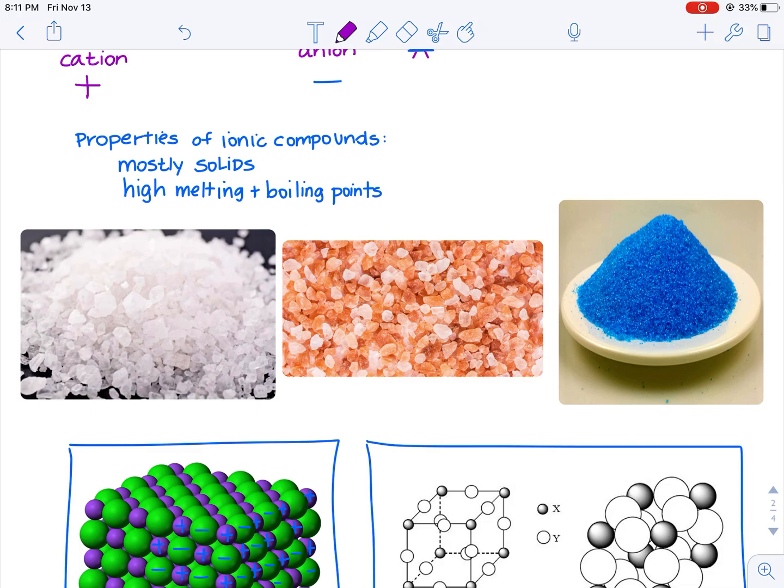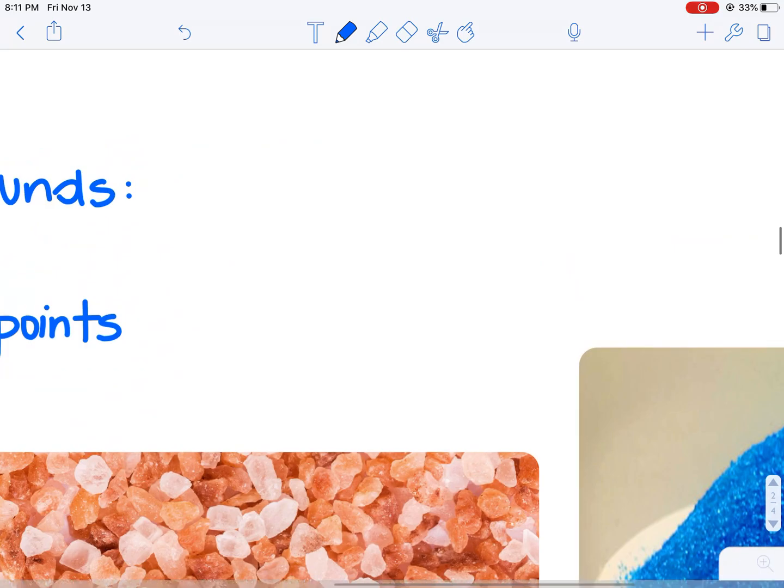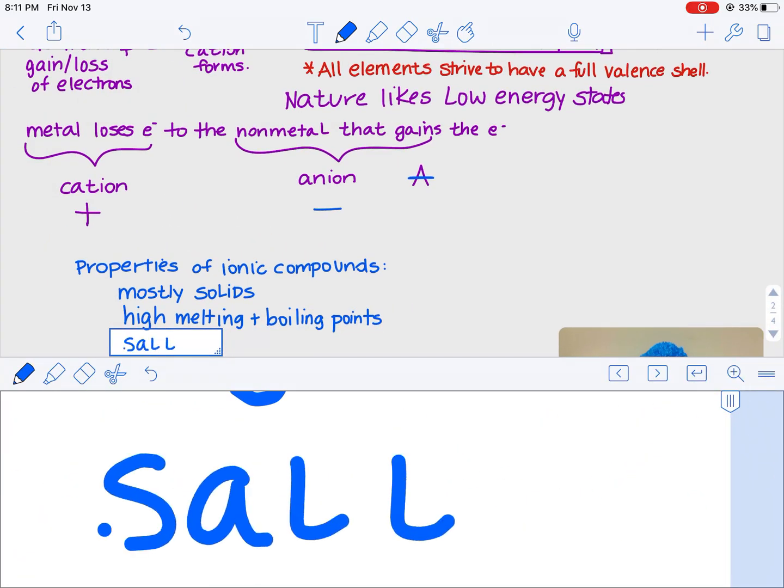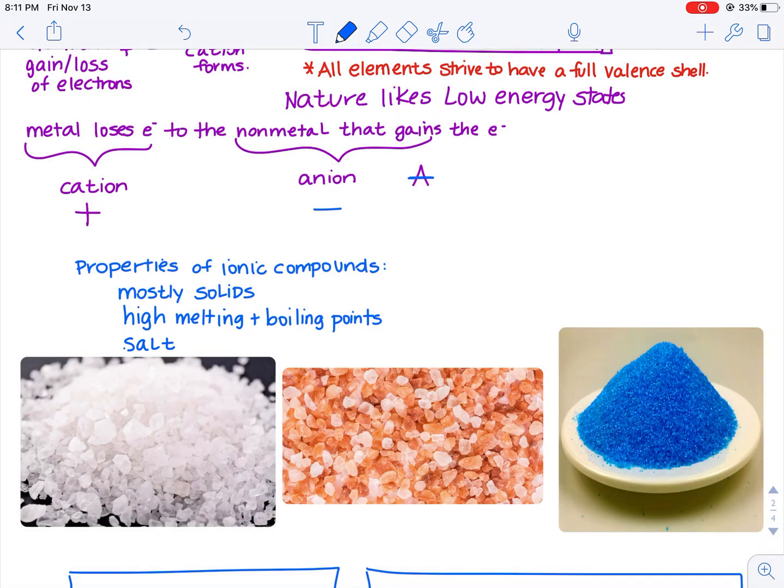I also want you to know, fun fact about chemistry, that whenever you hear the word salt, it's describing an ionic compound. So in chemistry, salts are a classification of chemicals. I know all of us automatically think of table salt, NaCl, sodium chloride, but there are other salts out there as well. The picture on the right is copper(II) sulfate.